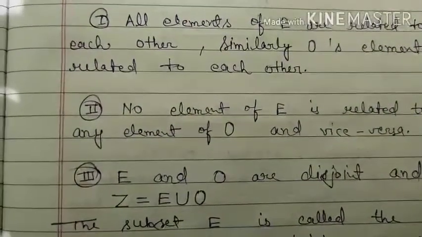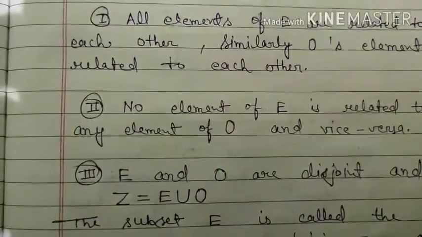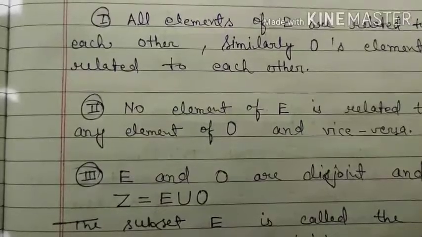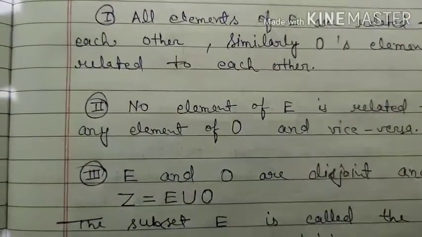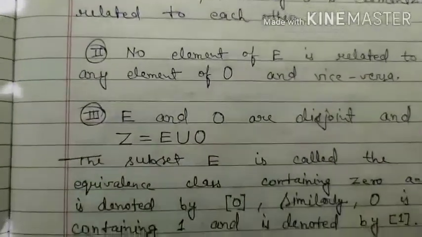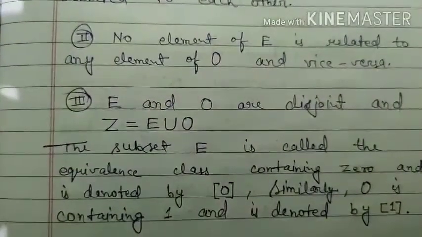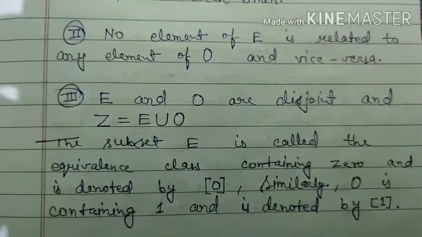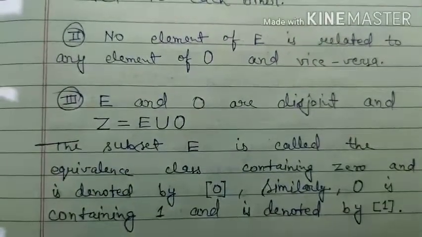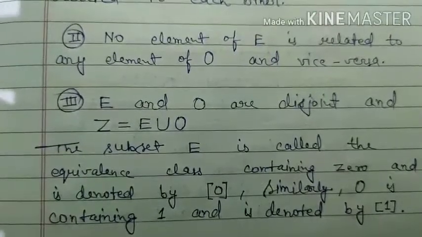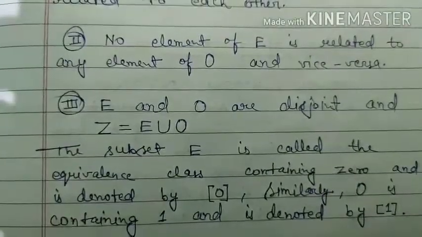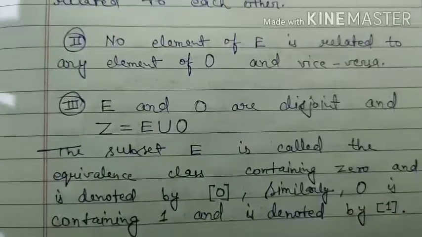If you consider all even integers and all odd integers, the union of that will give you the set of integers Z. The subset E is called the equivalence class containing 0, and is denoted by [0], in this kind of square bracket.